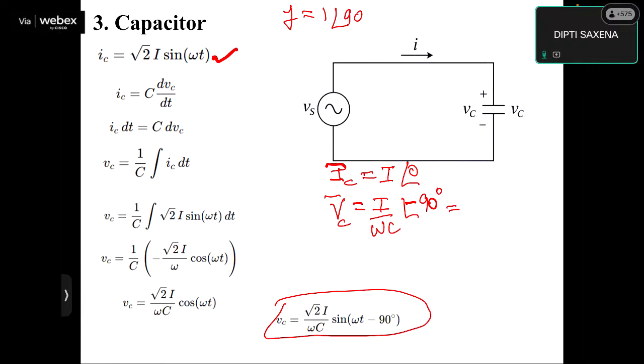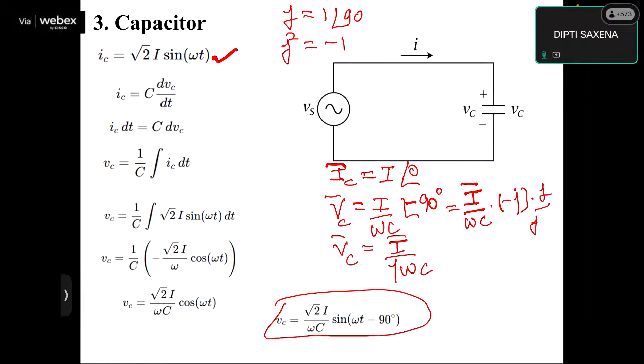So, I can write the same expression as I upon omega C into minus J. Now, I multiply numerator and denominator by J, and J square is equal to minus 1, and therefore Vc will be phasor I upon j omega C. That is phasor I upon Xc. Now Xc is equal to j omega C.